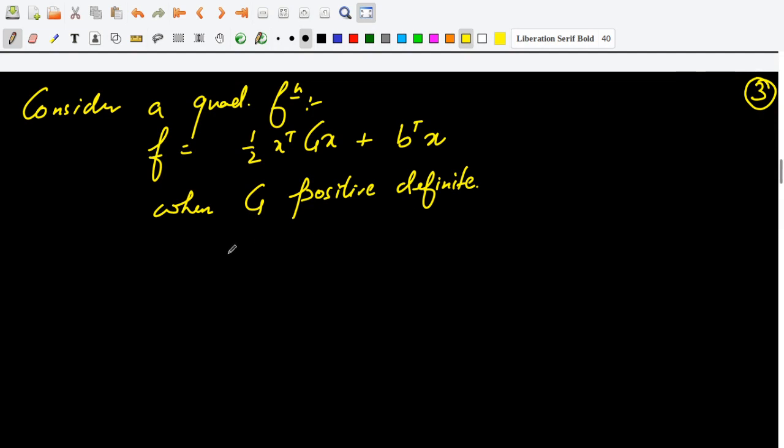Recall that G positive definite means x transpose Gx is always greater than 0 whenever x is non-zero.